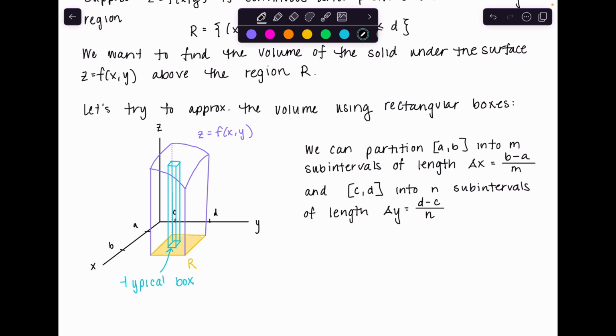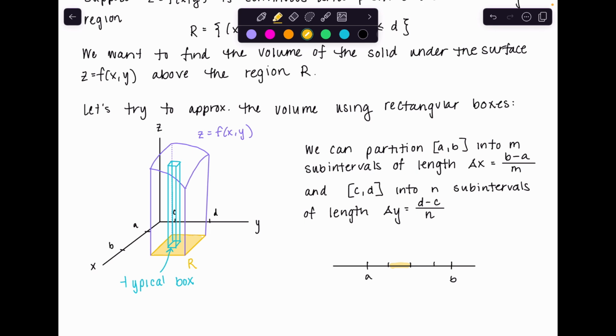So it's exactly the same thing as in Calculus 1, where you took that x-axis, you had the interval from a to b, you divided it into equal pieces, and then on each of these subintervals, you would pick a point, and you would plug that into your function to get the height of your rectangle.